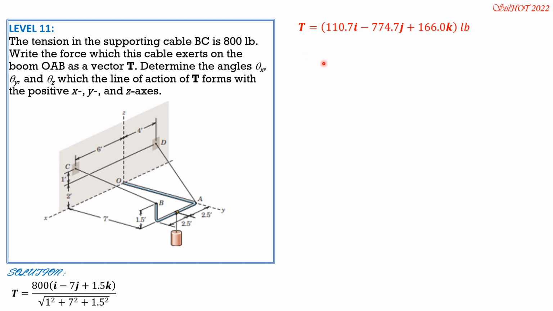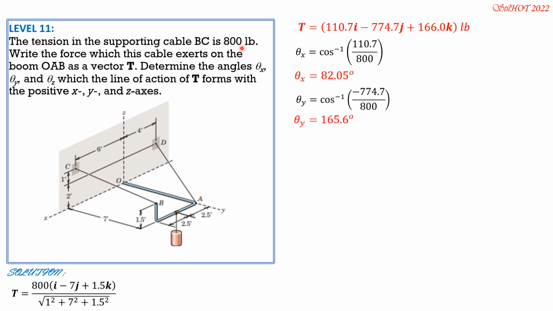Theta x is inverse cosine of x component of tension divided by magnitude of tension 800. So inverse cosine of 110.7 over 800. So theta x is 82.05 degrees. Theta y is negative 774.7 over 800, inverse cosine.